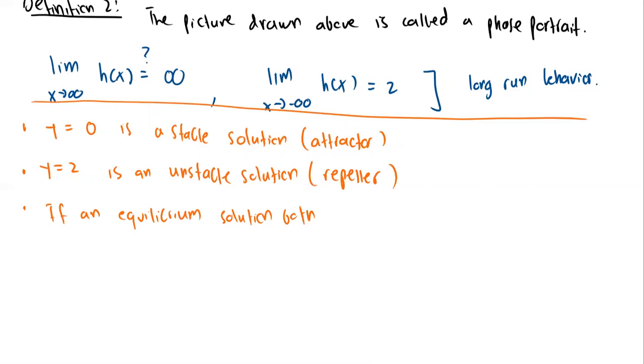So if on one side of the equilibrium solution the solutions are getting close to it, but on the other side they're getting far away from it. In other words, since there are only three possible cases, if an equilibrium solution is not stable or unstable, it is called semi-stable.